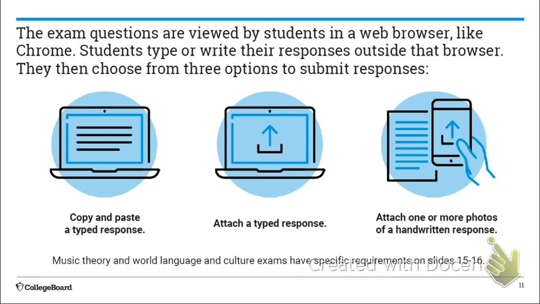Third option, you write your response on a separate sheet of paper, take a picture of it, and upload the image. Those are your 3 options, and you'll have those options for all questions, all parts. Okay, I will tell you in a minute which one I think is the best way to go.